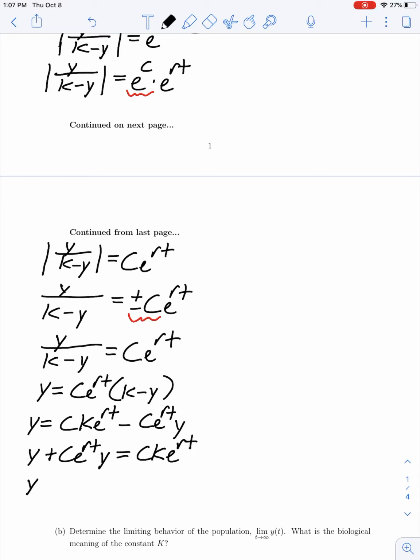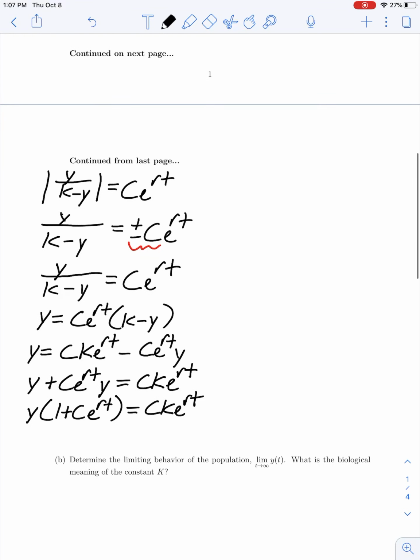And then factoring out a y, I'm left with y times 1 plus c e to the rt is equal to ck e to the rt. And solving for y as a function of t, I have ck e to the rt over 1 plus c e to the rt.